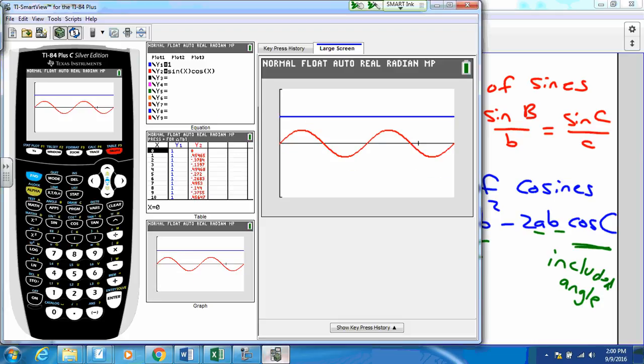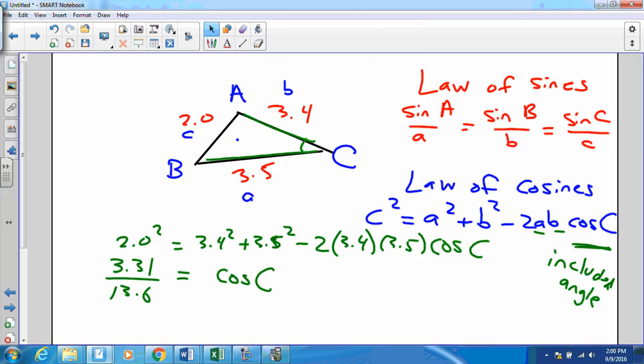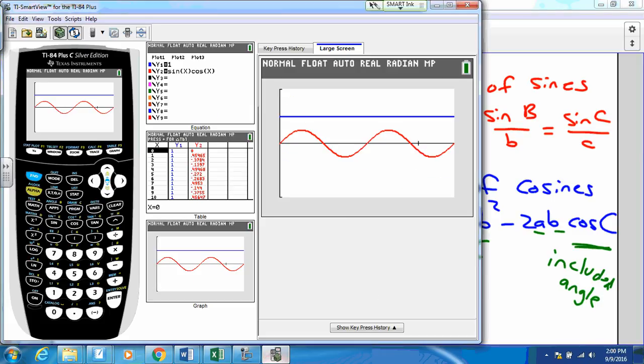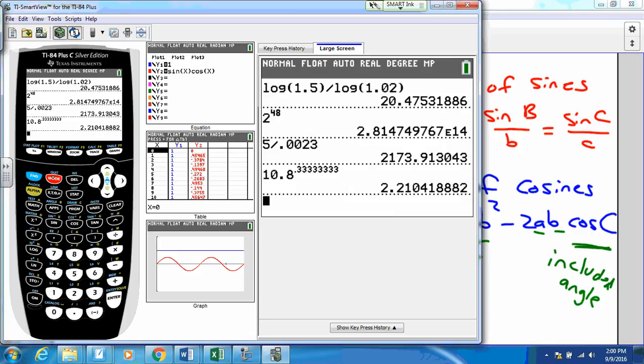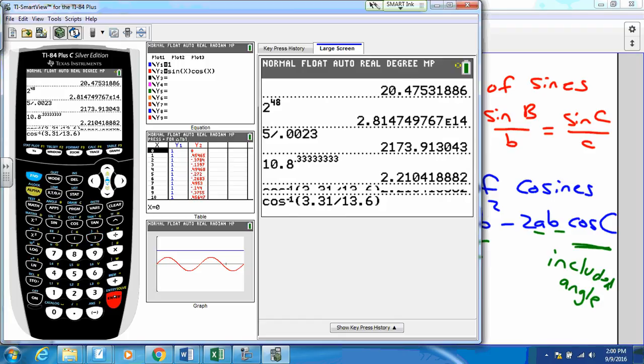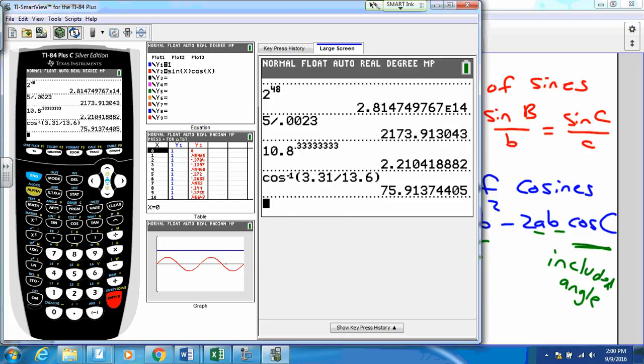And so now we'll go back to our calculator and evaluate it, but we have to be careful about the degrees because I said to solve in degrees, right? So I'm going to hit mode and make sure that I'm in degree mode. And now to solve, we're going to use the inverse cosine, which is the inverse function of the cosine, 3.31 over 13.6. And that is going to give us 75.9 degrees.